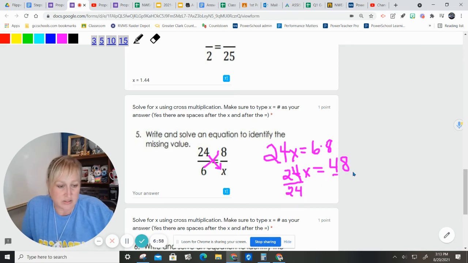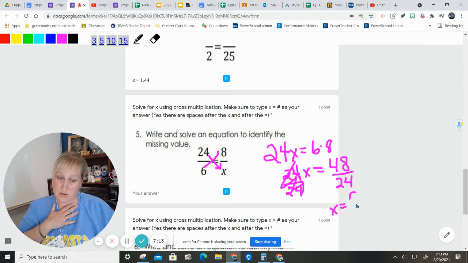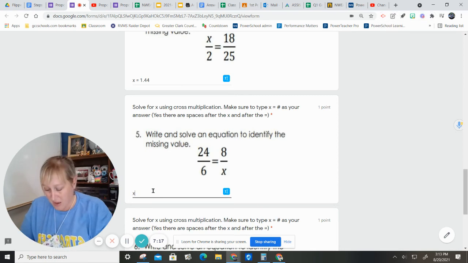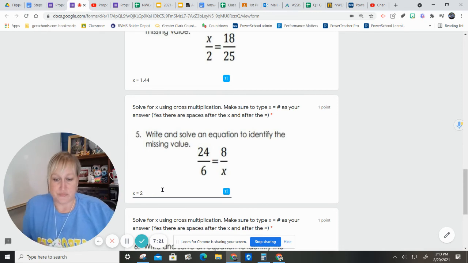I want you to notice that every time I divide, I've been writing it differently because I'm not sure which one is going to make sense to which child. So this eliminates. You're left with x equals 48 divided by 24, which is 2. So you will type x space equals space 2.